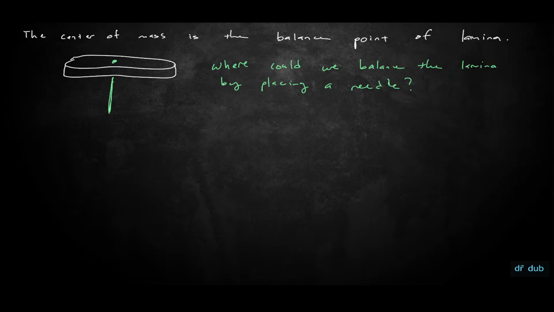That's what this point x bar, y bar represents. You're taking a weighted average in the x direction of the mass and a weighted average in the y direction of the mass, and dividing by the total mass in each case, and you get the center of mass. Any questions so far about the setup?